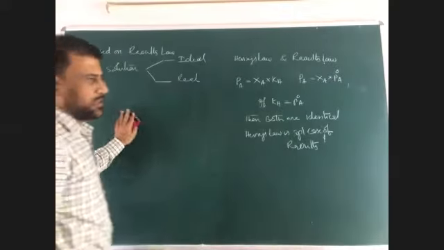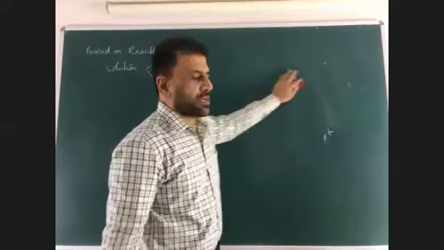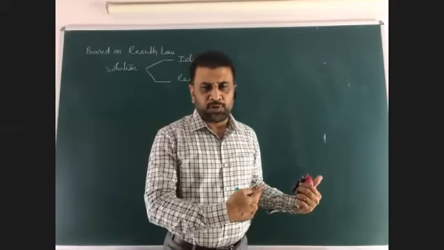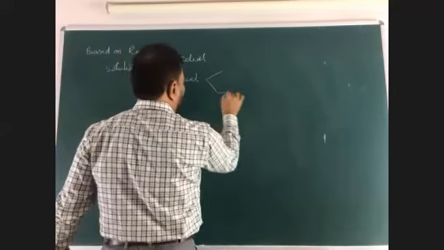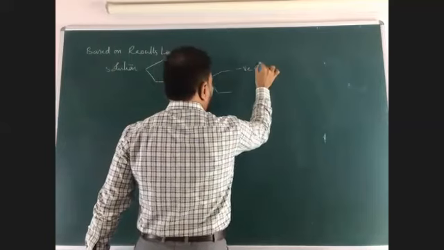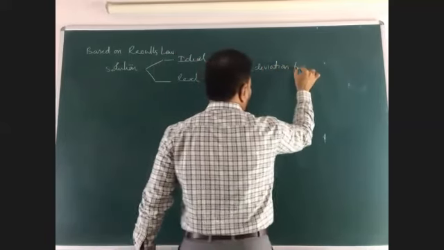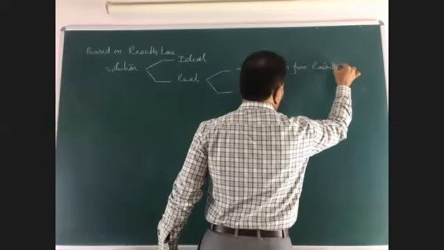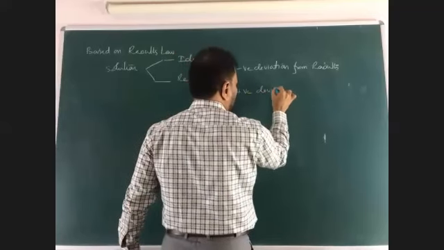Ideal and real. An ideal solution is the solution which obeys Raoult's law at all conditions, at all concentrations. That means the formula should be obeyed by the binary mixture. So these real solutions are of two types: negative deviation from Raoult's law and positive deviation from Raoult's law.